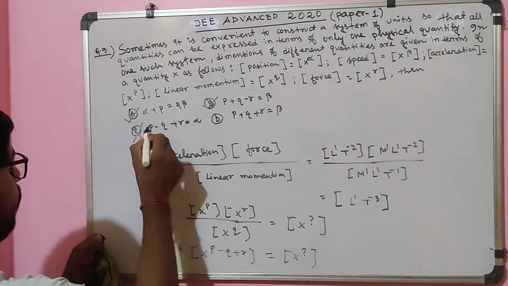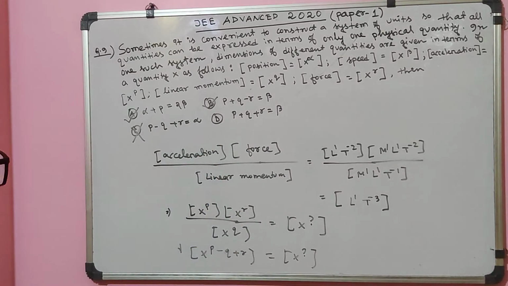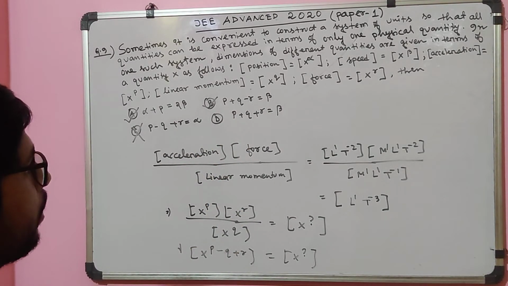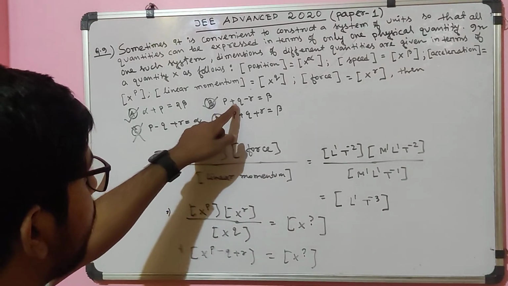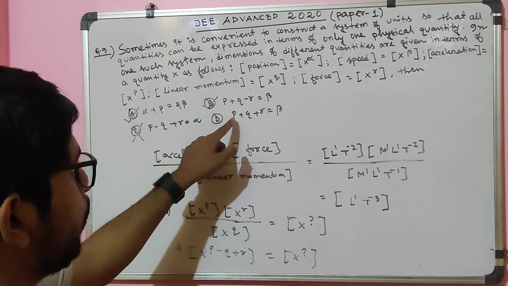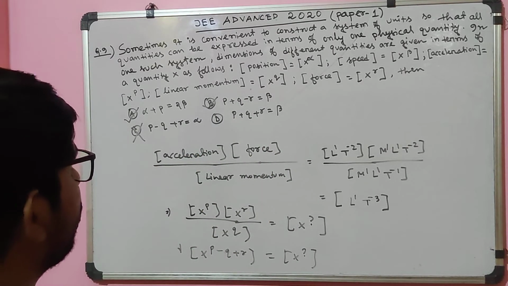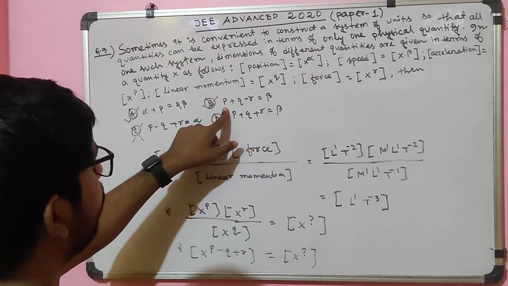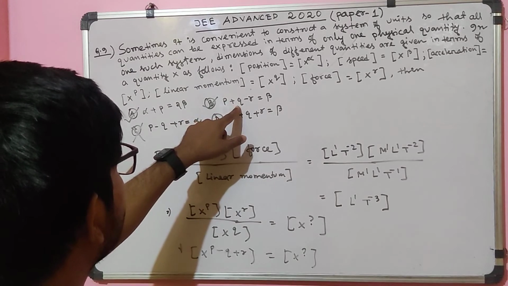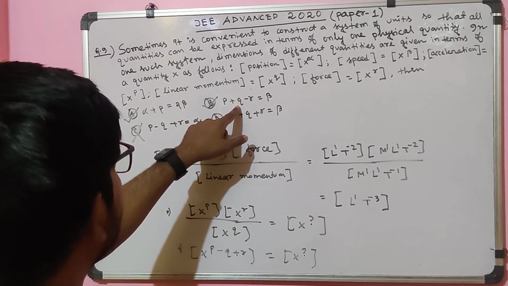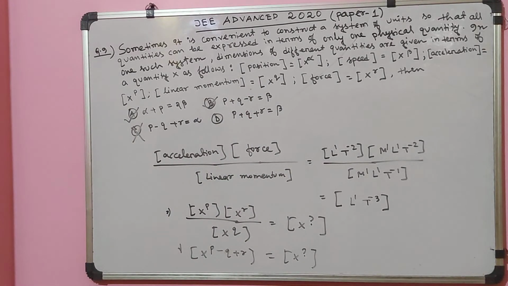This option is wrong. And let's see the last one: p plus q plus r is beta or not? Of course, p plus q plus r will not be beta, because we have seen p plus q minus r was beta. Here p was acceleration, then linear momentum, then force.